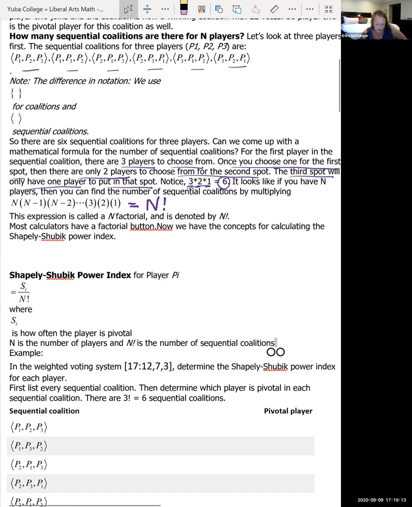I pulled this from different material, and they use slightly different notation in your book.